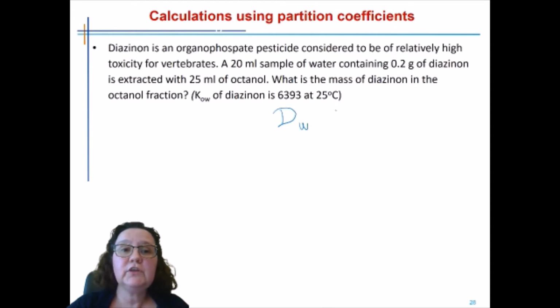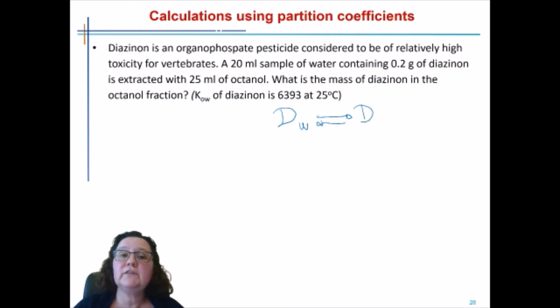I then put that water in contact with a certain amount of octanol. It says 25 milliliters. So at the beginning, the diazinon will be exclusively in the water.